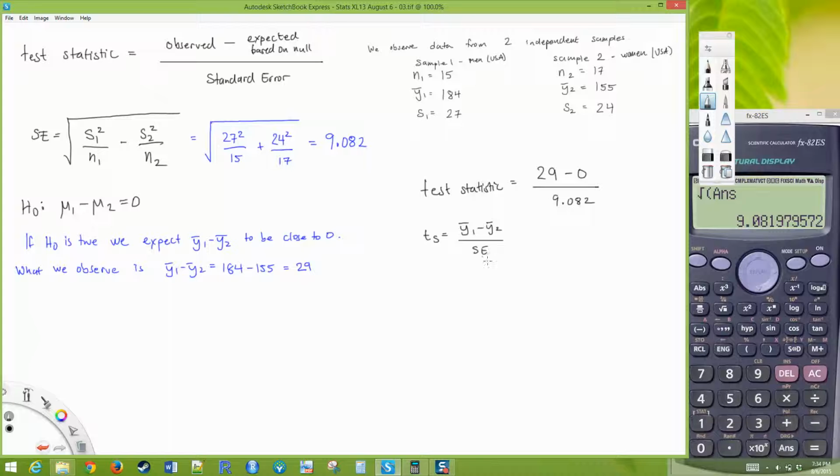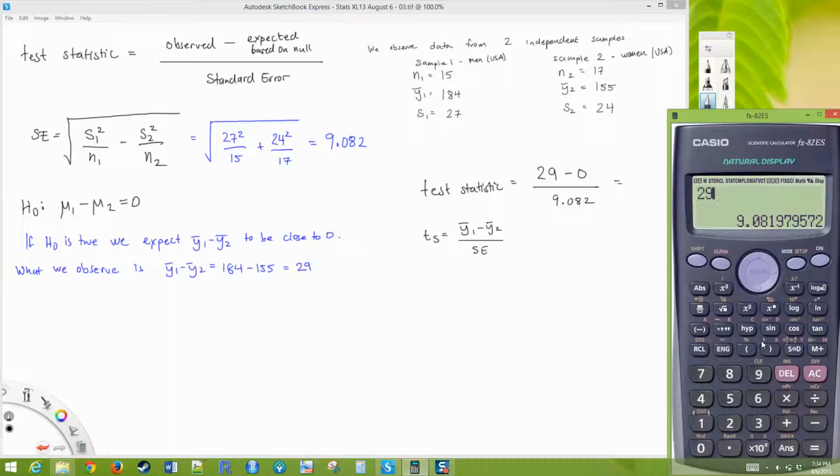But essentially this is the observed difference minus the expected difference of 0, divided by our standard error. So our test statistic ends up being 29 divided by this, and I get a test statistic of 3.193.